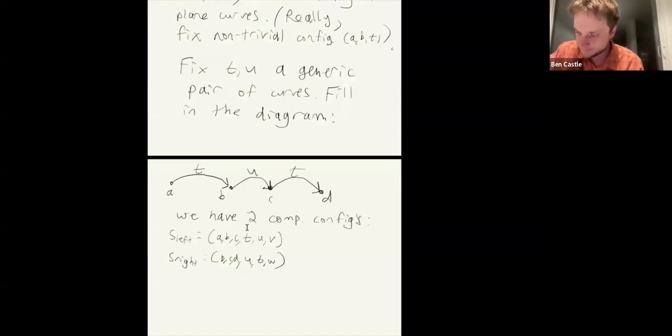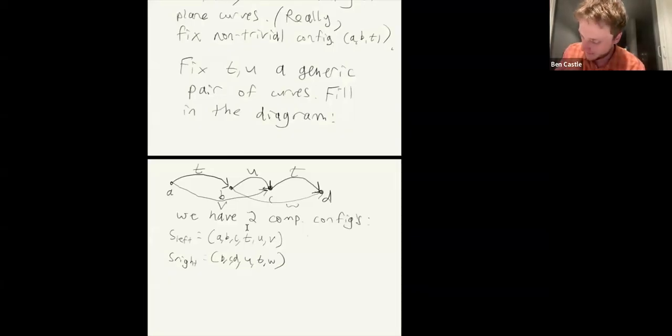So there has to be some curve which sends A straight to C, and we're calling that V. And then there's a curve that sends B straight to D, and we're calling that W. So this is filling in the details of the composition configuration definition.